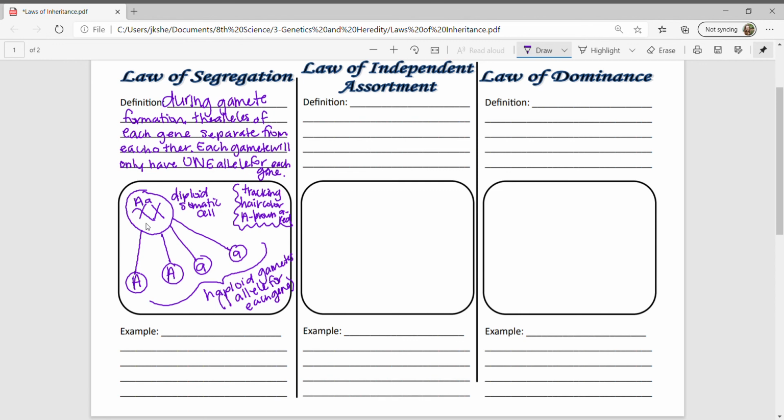So an example of this would be, even if mom does not express, meaning physically show, red hair, she can still pass it down to her offspring.